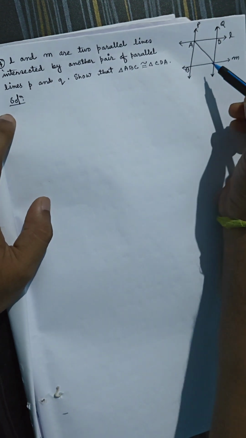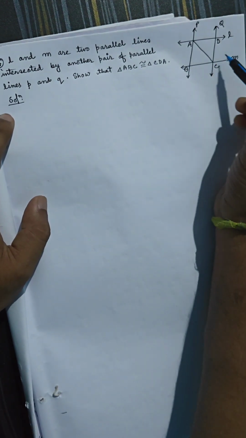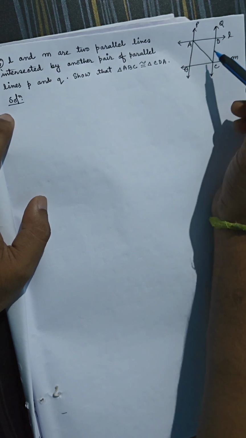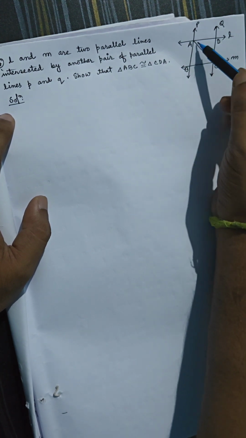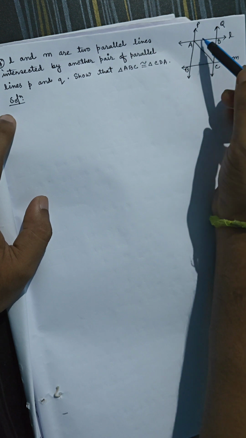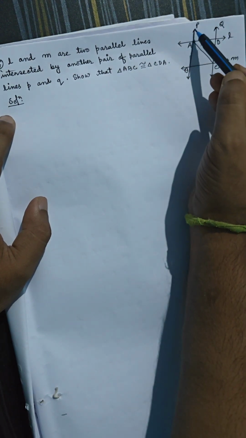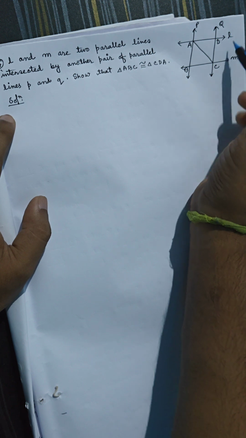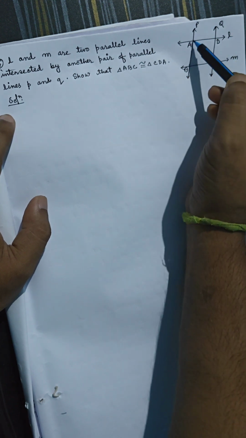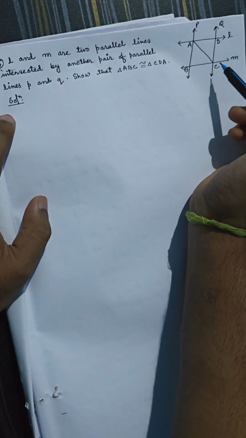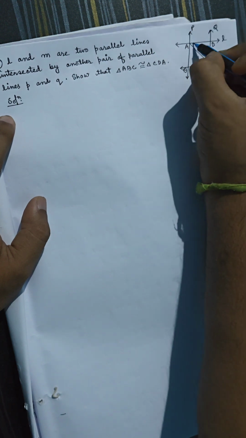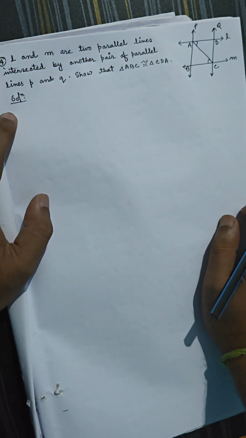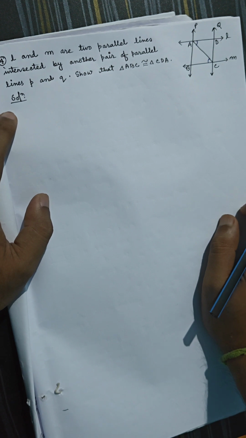So since these two lines are parallel, L and M, and AC is their transversal. Forget about P and Q, just L and M are parallel lines and AC is their transversal. Then we can say this angle is equal to this angle. How?